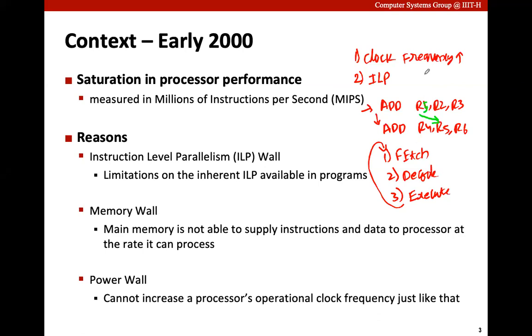Because of that, the critical path lengths go down, and because of that, the clock frequency goes up. So by using a combination of these two techniques, processor manufacturers were giving excellent performance. And these processors are called superscalar processors.